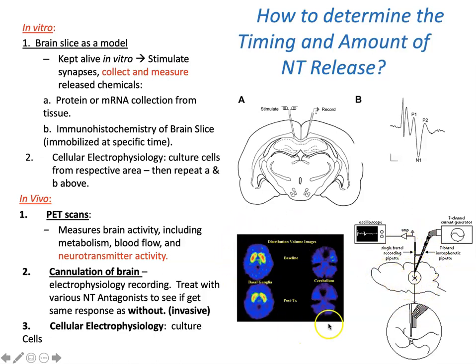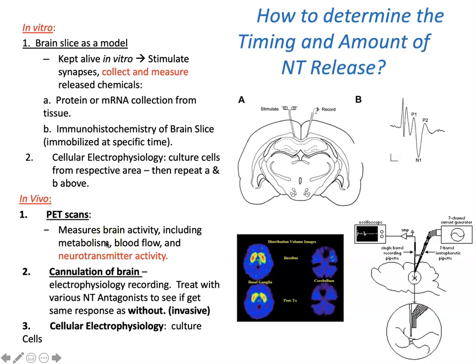We can also study timing and release of neurotransmitter in different brain regions using positron emission tomography or PET scanning or functional MRI. You can at least see which regions of the brain in functional MRI would actually be responsive under certain stimulus.